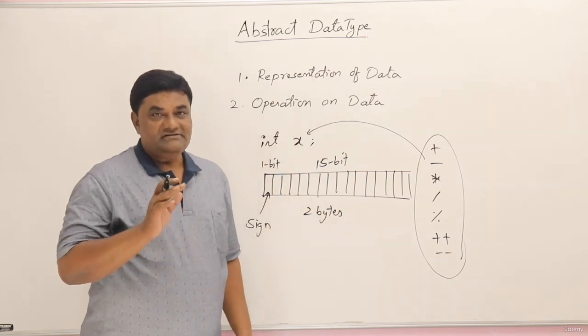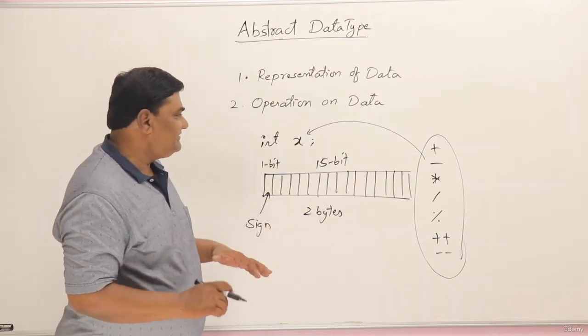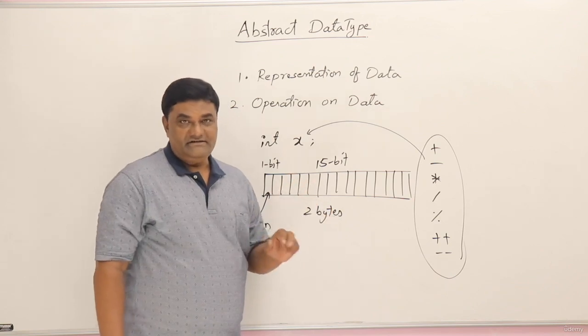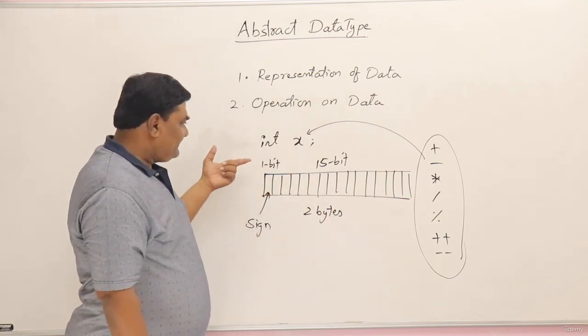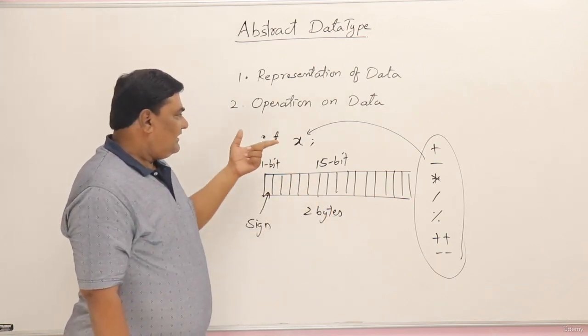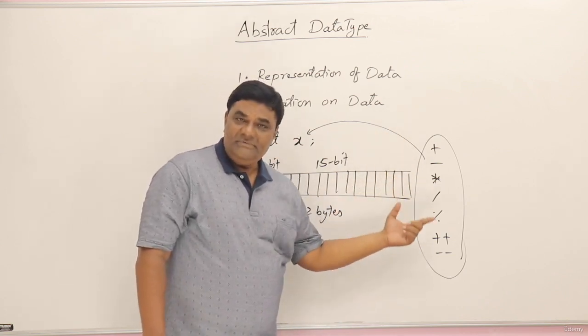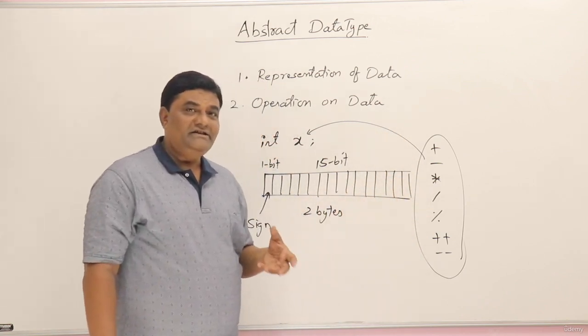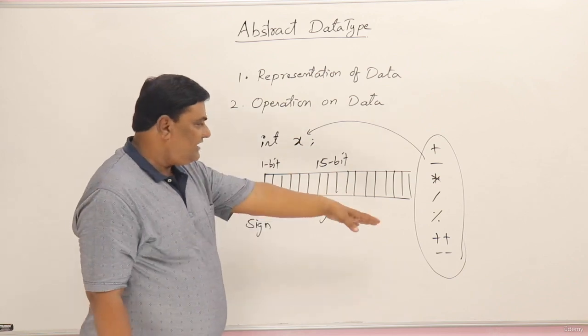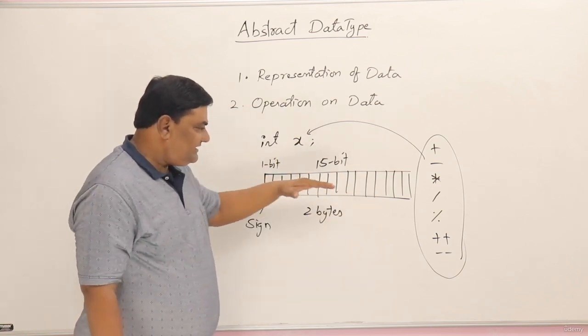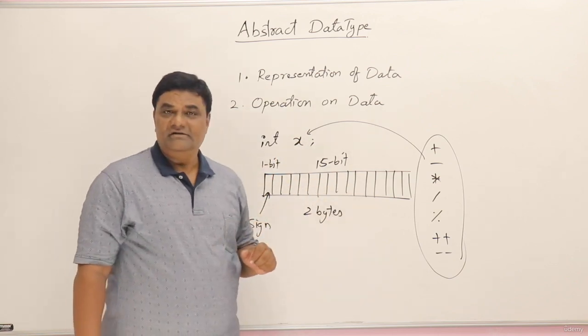Now let us see what is abstract. Abstract means hiding internal details. Now if I take this example, integer data type and these operations, for performing these operations, do we really need to know how they are performed in the binary form inside the main memory?